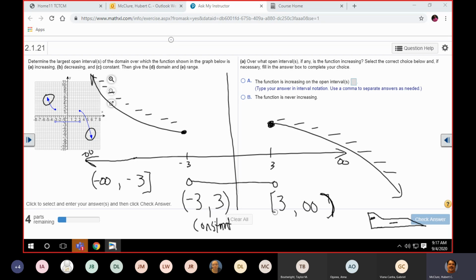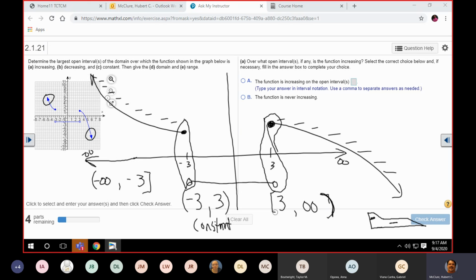Now, the domain of this function is negative infinity to positive infinity, sorry, drawing with a mouse again.